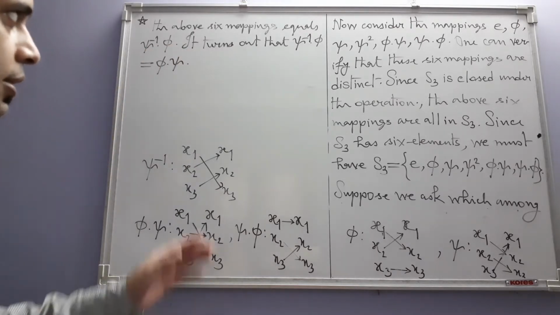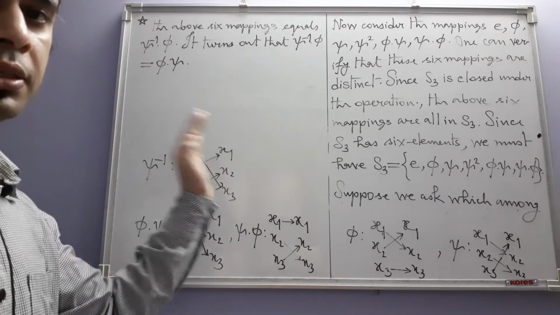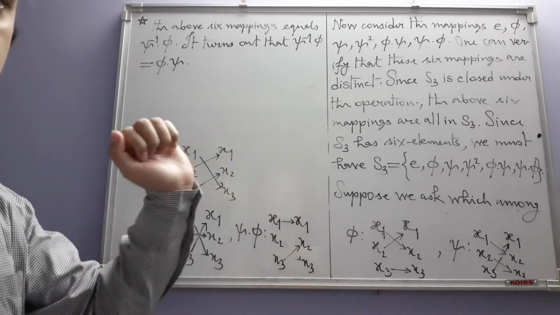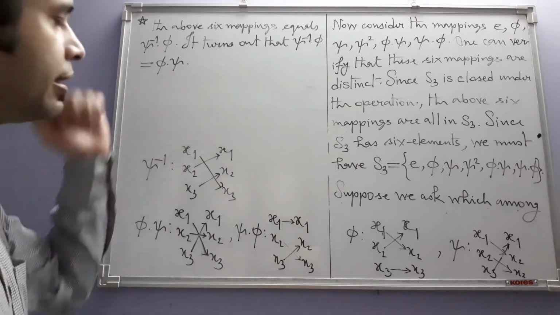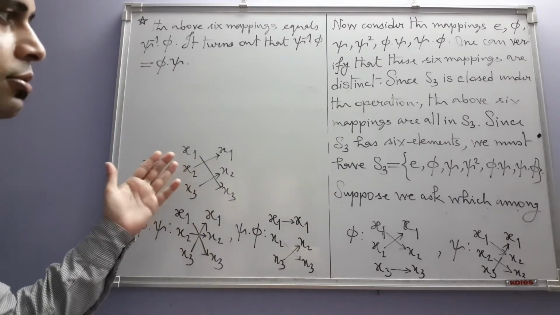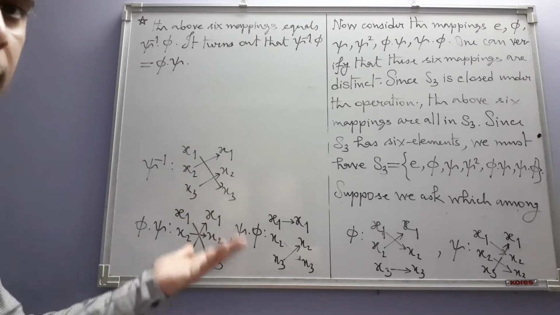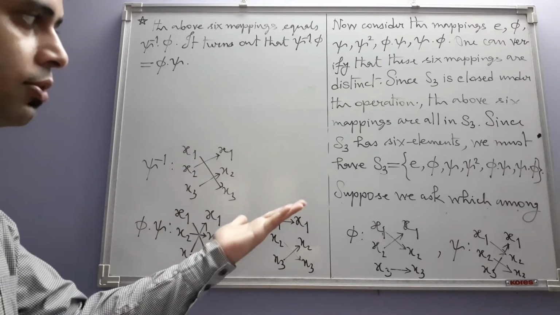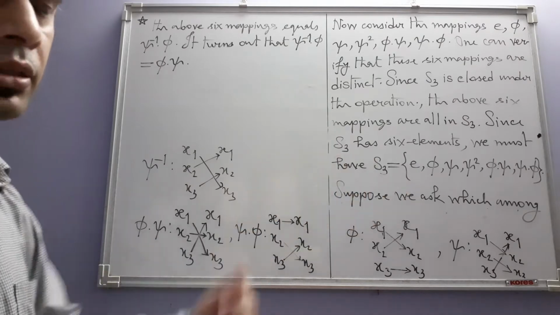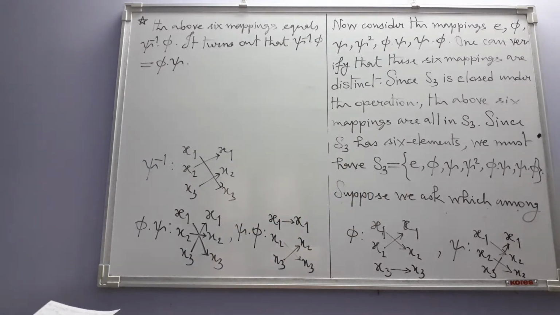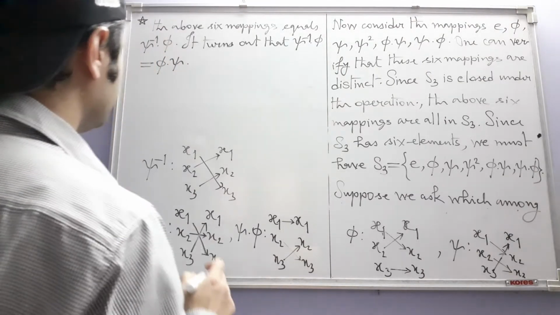Now besides the relations that phi square equals identity and psi cube equals identity, this is again another relation which we can use to calculate some further products. We can calculate two such things. Let us see.